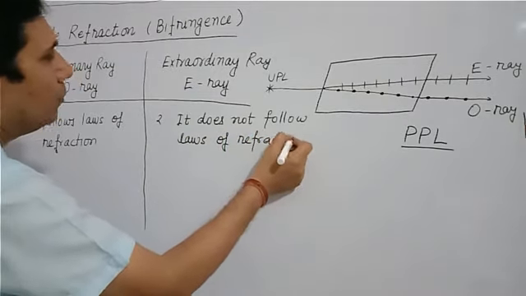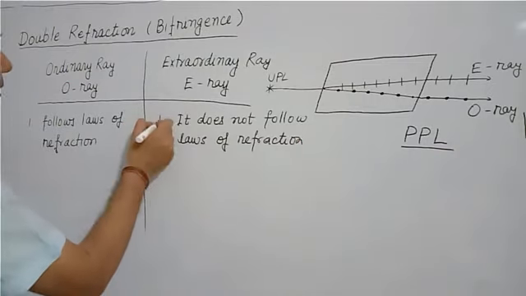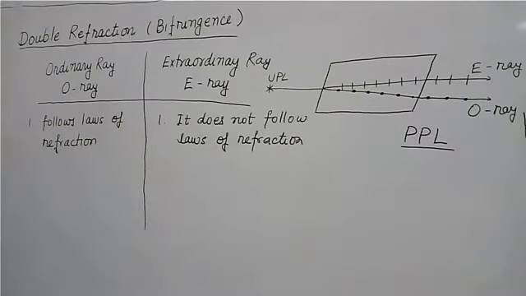So this is one of the most important differences between them: the ordinary ray follows laws of refraction while the E ray doesn't.